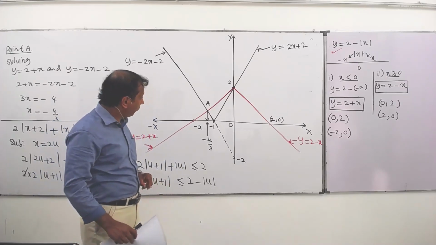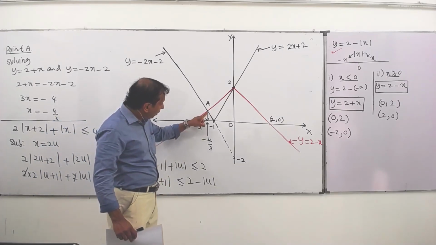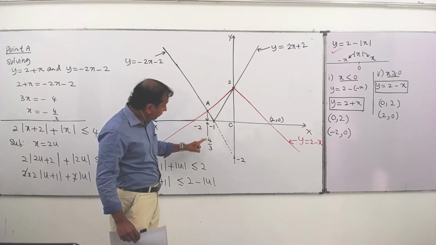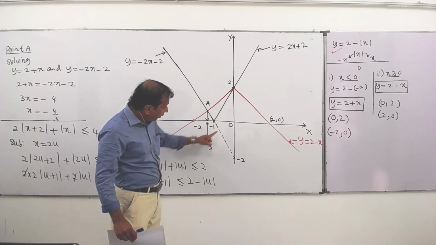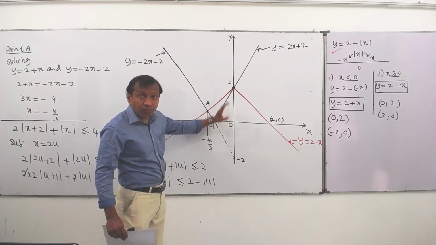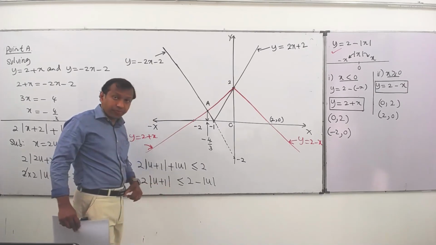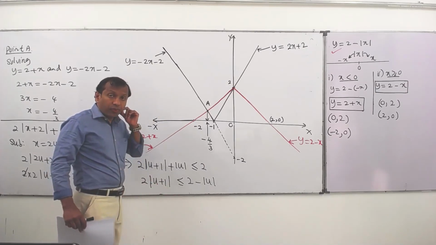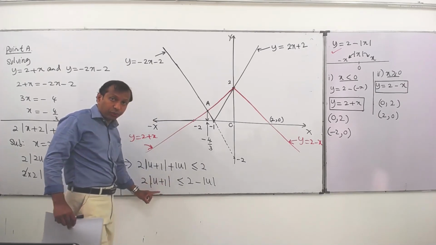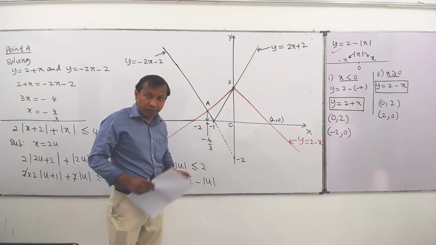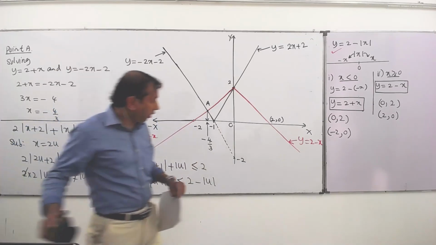You can see here, the black one lies below the red one between the 2 x values, minus 4 by 3 and 0. So by using these 2 graphs, now you can answer this. How? This happens when u is between minus 4 by 3 and 0. Right? Then now I can answer it like this.